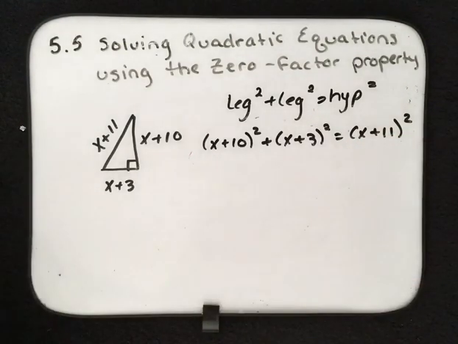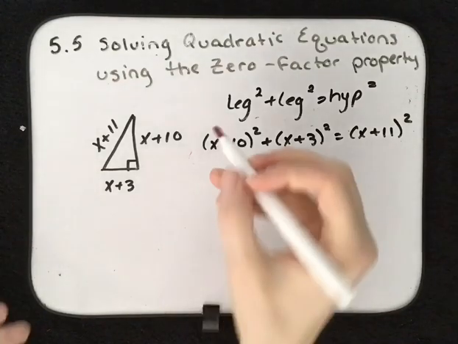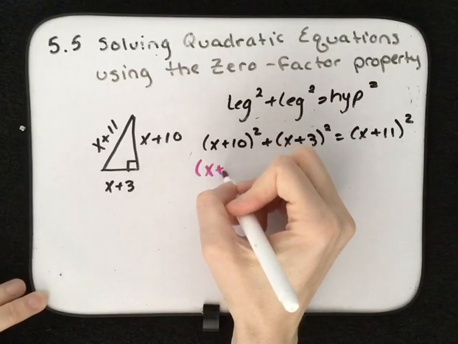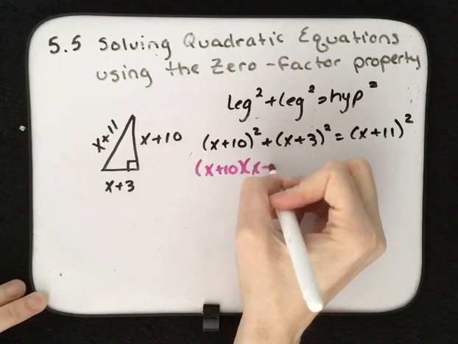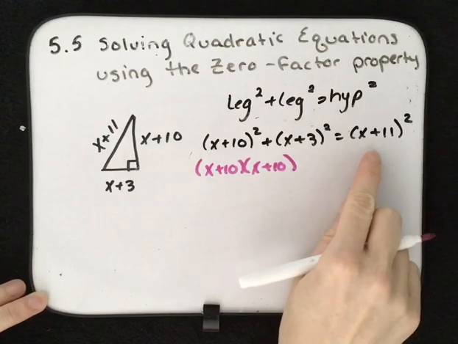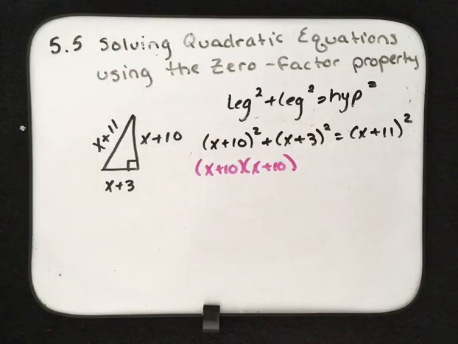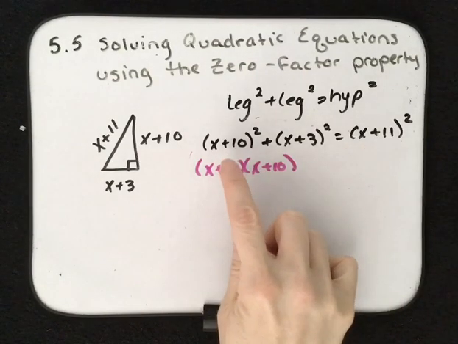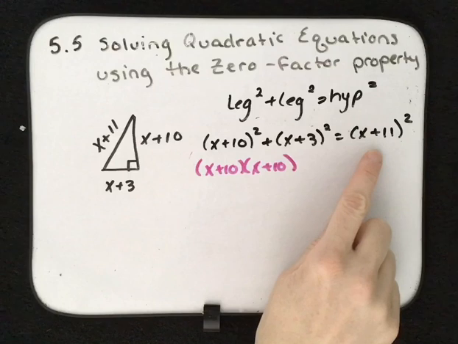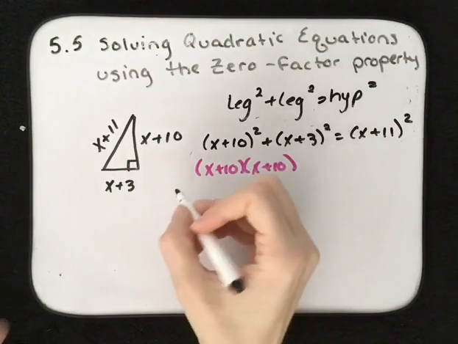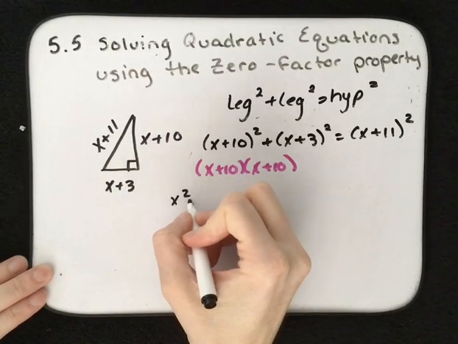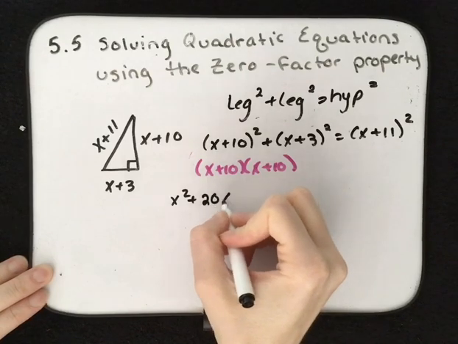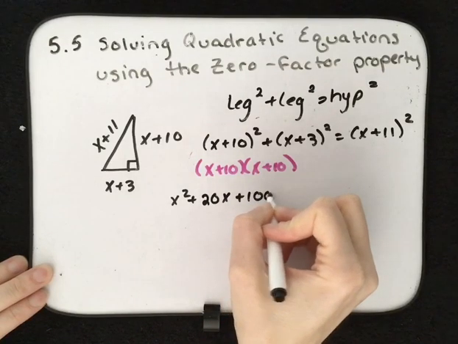Now we need to FOIL each of these. X plus 10 squared means x plus 10 times x plus 10. Same thing for x plus 3 times x plus 3, and x plus 11 times x plus 11. If we do that, we get x squared plus 20x plus 100.